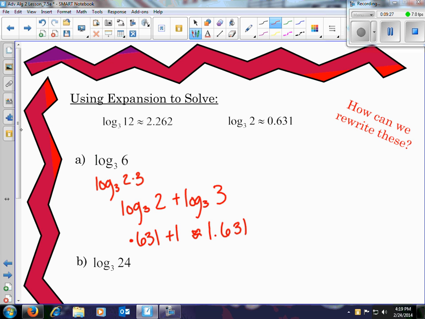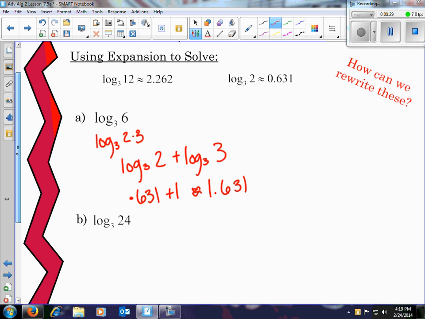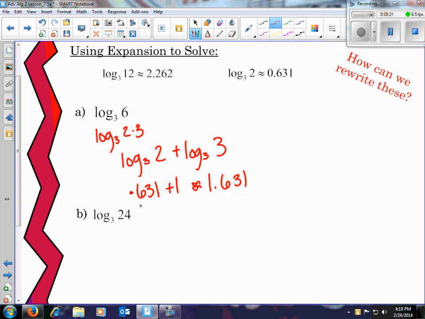Now the next one. I have log base 3 of 24. So I have 12 here and I have 2 here, and luckily 12 times 2 makes 24. So I'm going to split this to log base 3 of 12 times 2.